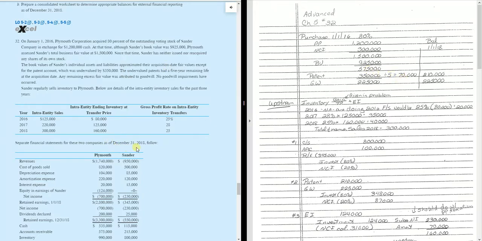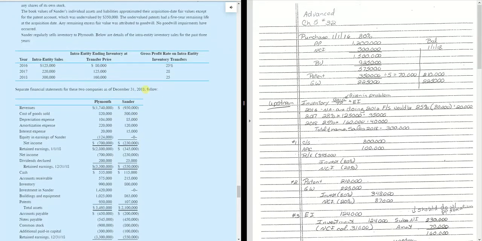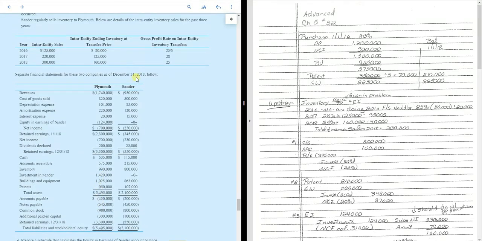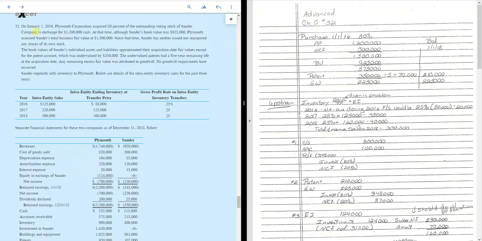And I can peek down below and it says December 31st, 18. So I want to do a worksheet for December 31st, 18. I bought it on January 1st, 2016. So I need to bring the balance of these assets to January 1st, 2018 for entry number 2, because entry number 1 and 2 are as of the beginning of the year, not the end.